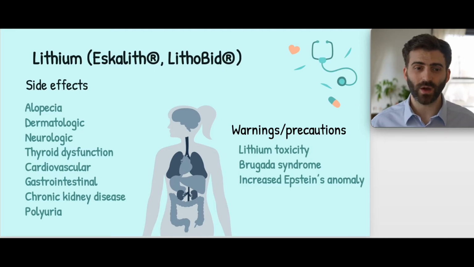Chronic kidney disease is quite important as well, and you monitor creatinine clearance, BUN, and kidney function quite frequently when a patient's on lithium. Polyuria, which means urinating frequently, and polydipsia, which means increased thirst, can often happen with lithium.